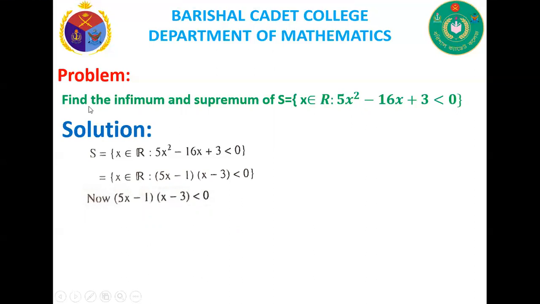If we take common 5 from the first one, we get 5 into (x minus 1 by 5) into (x minus 3) less than 0. If we divide both sides by 5, we get (x minus 1 by 5) into (x minus 3) less than 0.